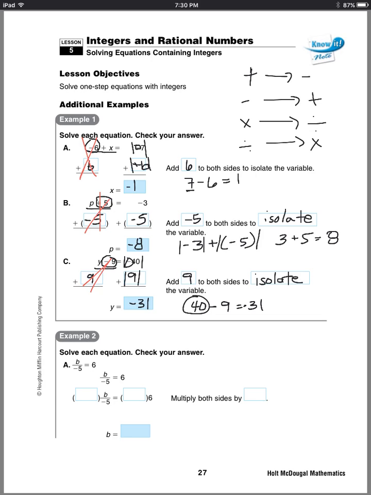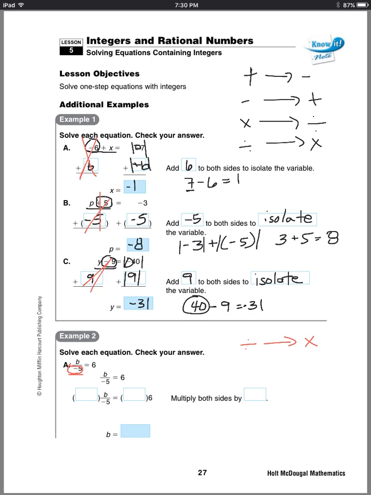Example number 2 has b over -5. A fraction is a fancy way to say division. Okay, so the opposite of division, remember, is multiplication. So we're still looking at the side with our variable, and we're going to see that our constant is -5.